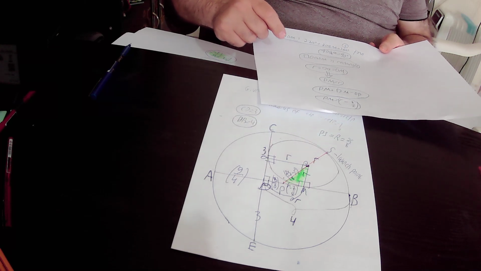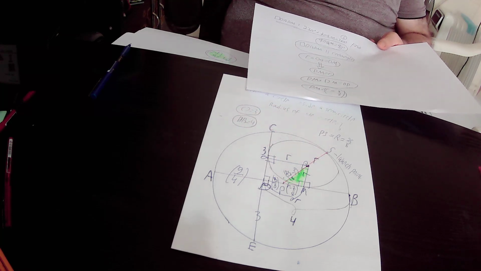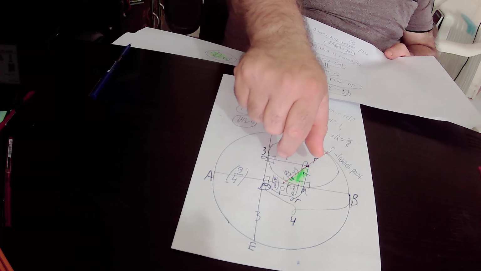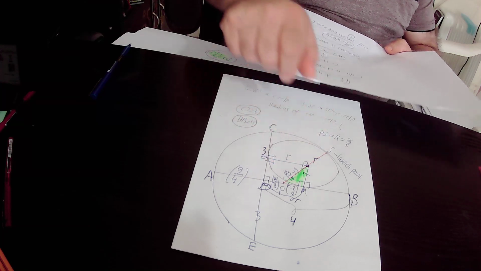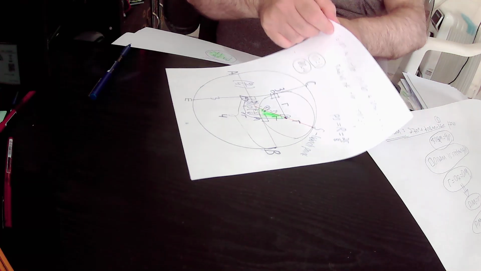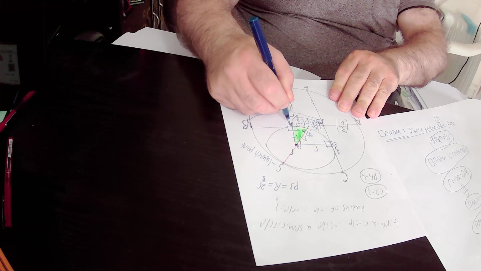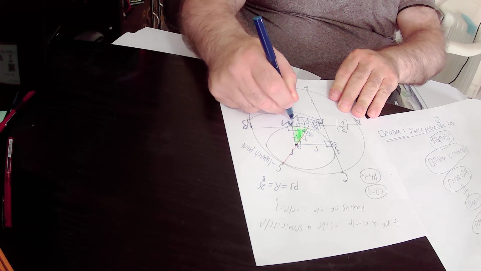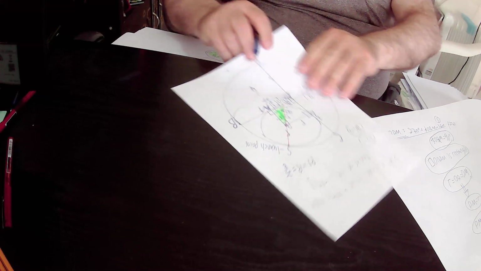And what is the length of line segment PM? From the drawing it is very easy to see that PM equals DM minus DP. Here, this is the letter M, and this is line segment PM.